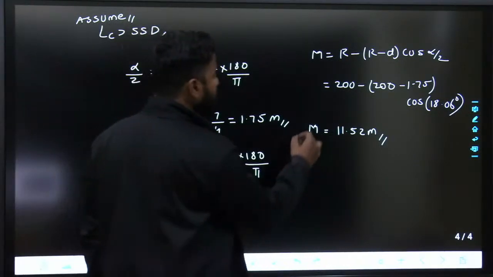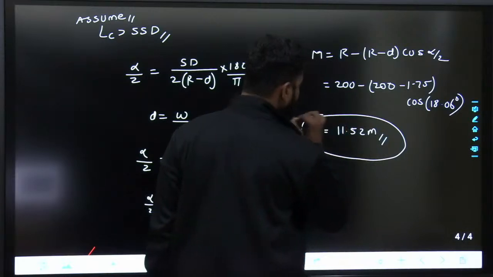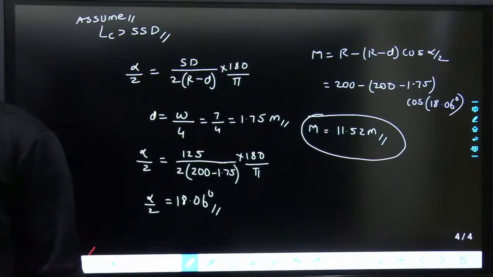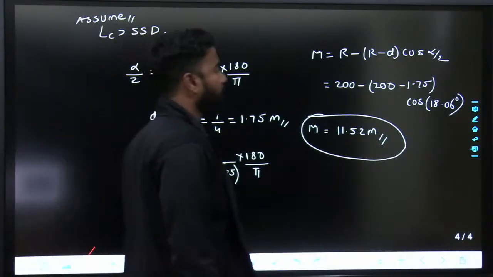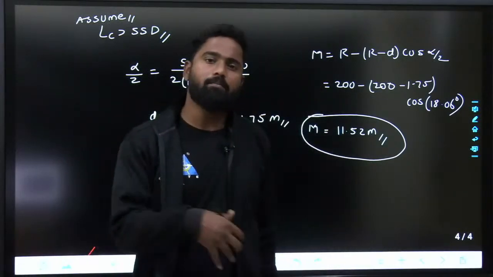Fine. This is the setback distance, m equals 11.52 meters. So this is approximately the same. In the question, this is the setback distance.